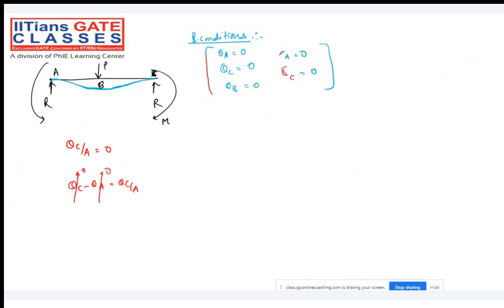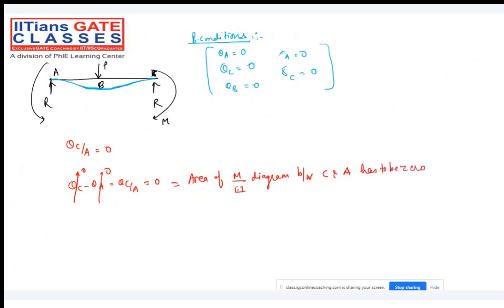So theta C with respect to A automatically will be 0. And according to the moment area method, the area of the M by EI diagram between C and A has to be 0.